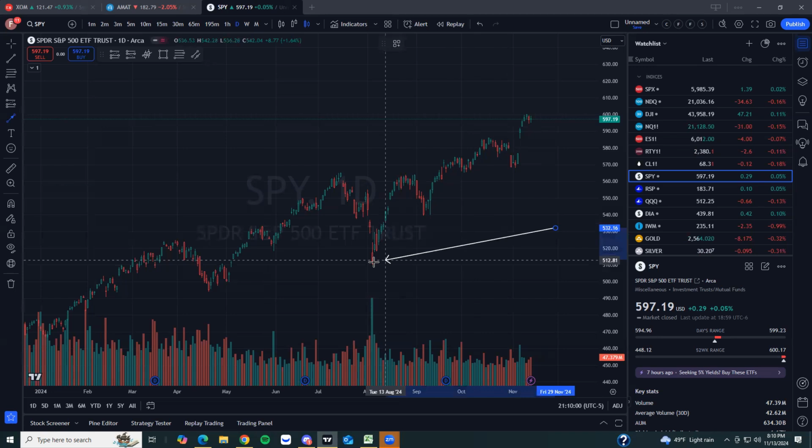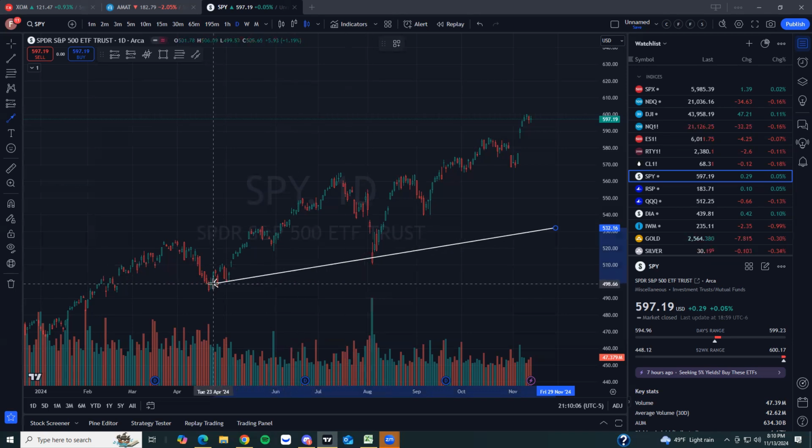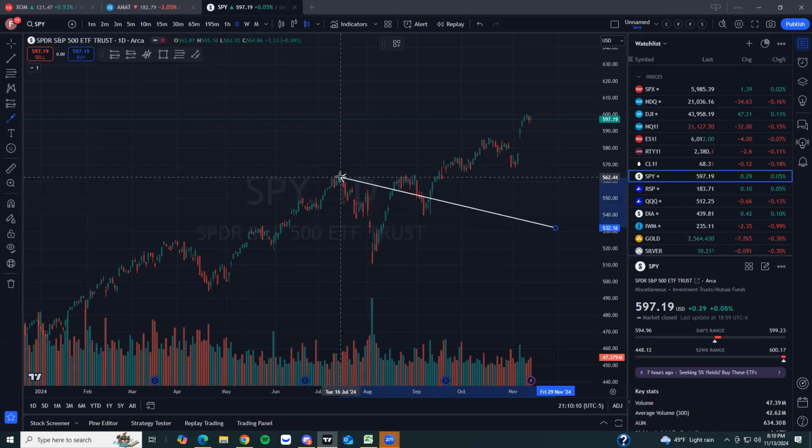Right here, I have this point here, right? It's a higher low because it's higher than that one, correct? Then you have a higher high. Over here, it got a little wonky. You have a higher low, but you didn't quite get the higher high yet. So this is where we are a little bit cautious. Then what did it do? It broke here.